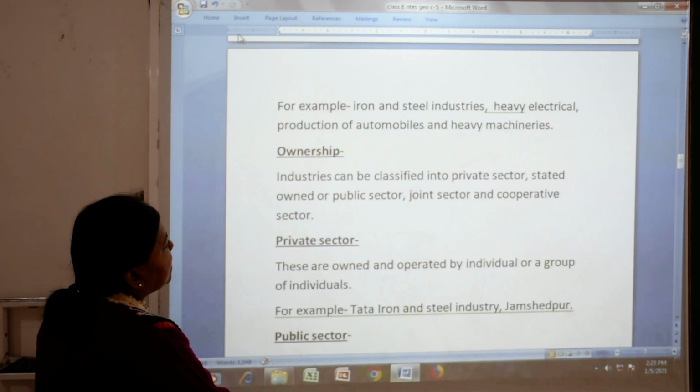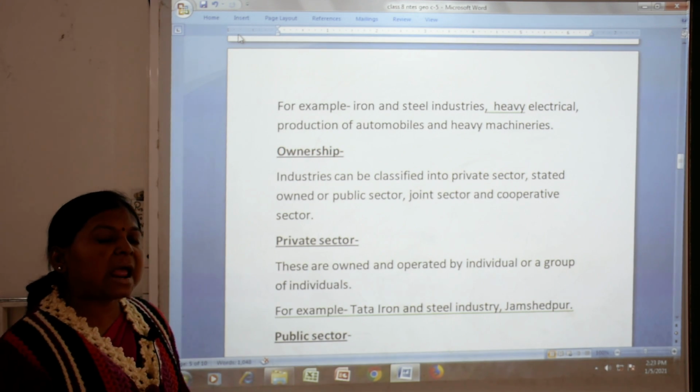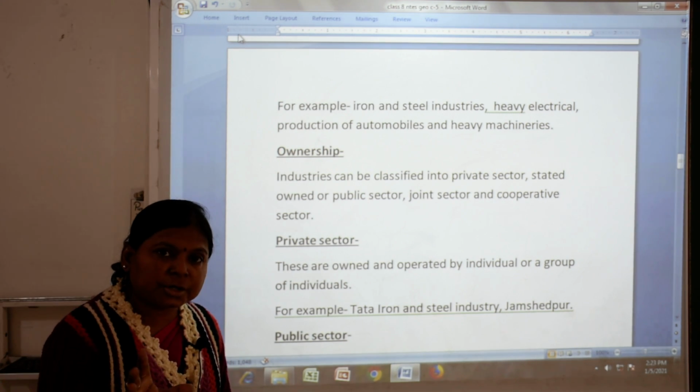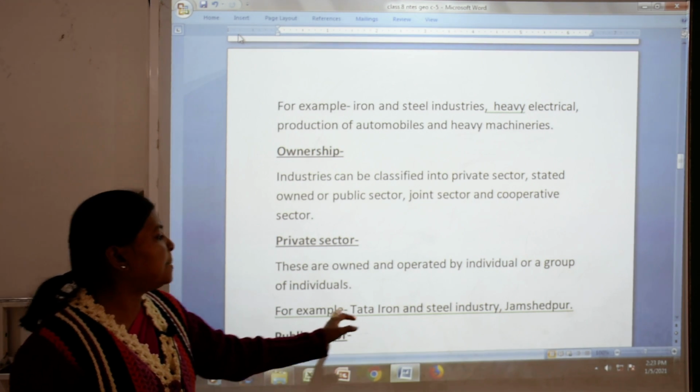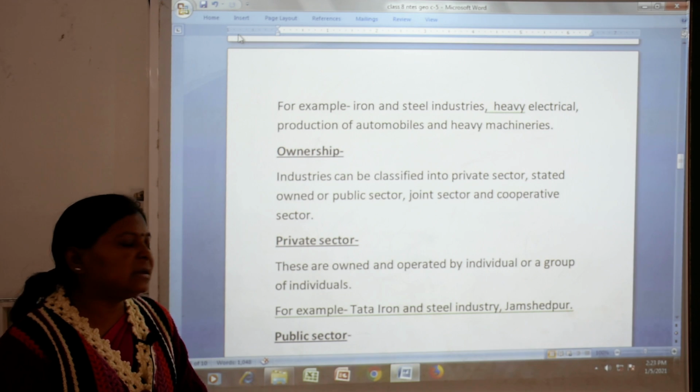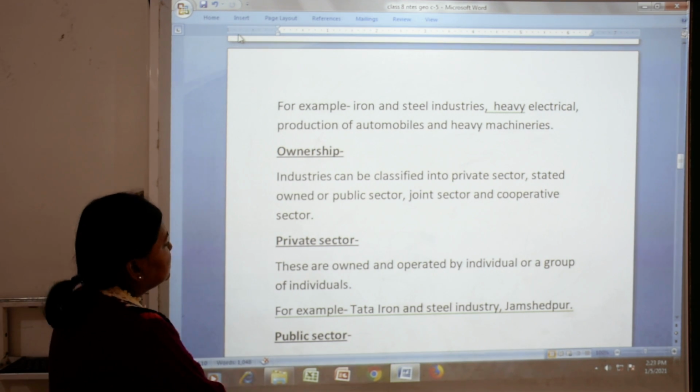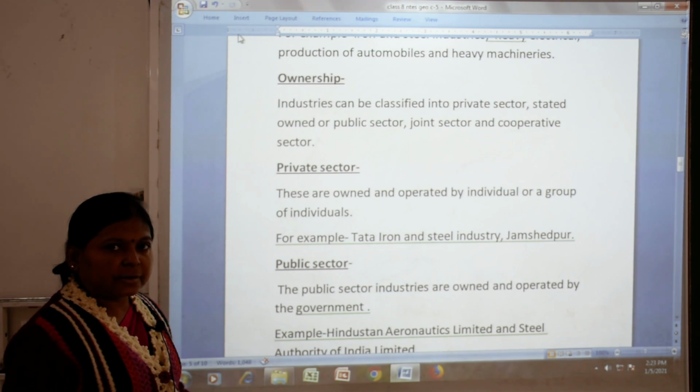Private means these are owned and operated by an individual or some group of individuals. For example, Tata Iron and Steel Industries, Jamshedpur, come under the private sector.